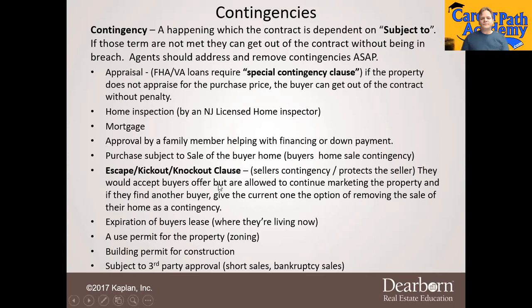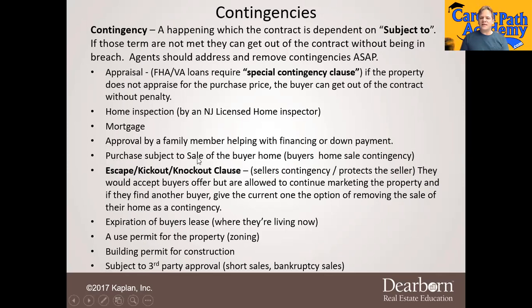All right. Now, if a buyer puts a contract in and they put subject to the sale of their current home, the seller or the seller's agent can always, if they accept that offer, and it's not too uncommon, or at least they should, this will show the agent's experience level here.